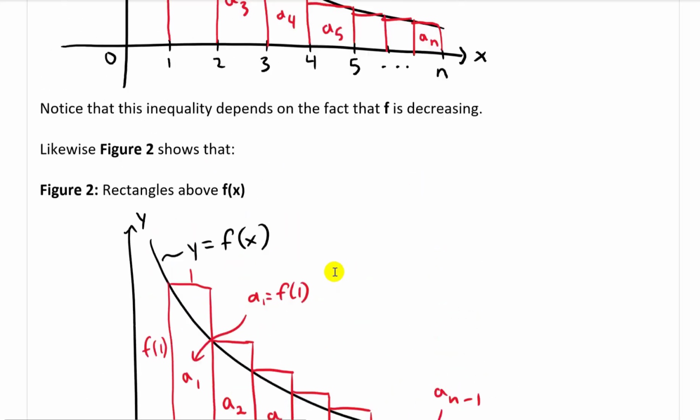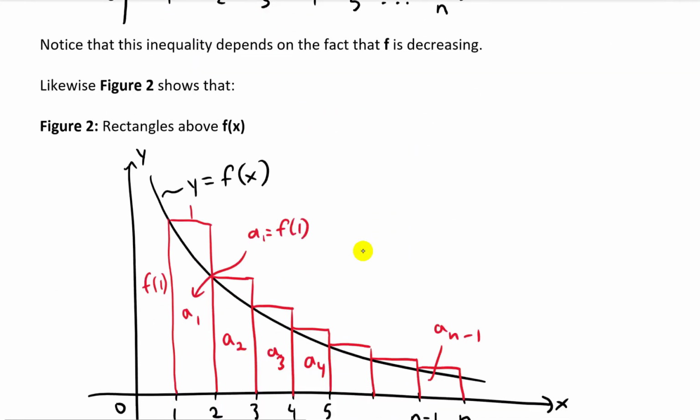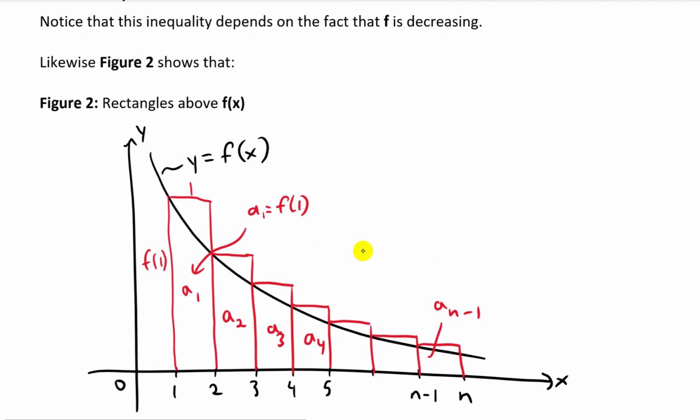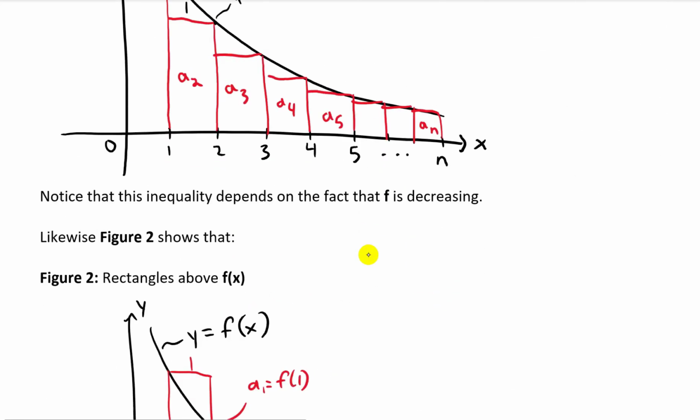Now the inequality in this case: in the previous one the rectangles were less than the integral, but now the integral is going to be less than the sum of the rectangles. This one is from 1 to n.